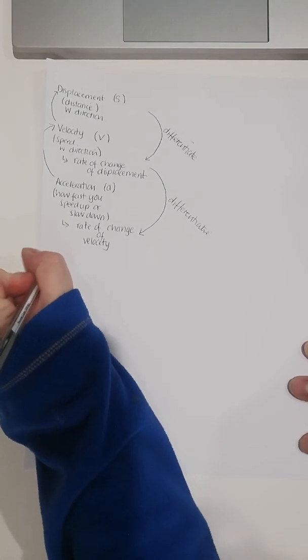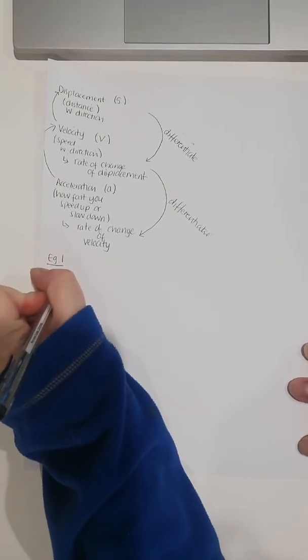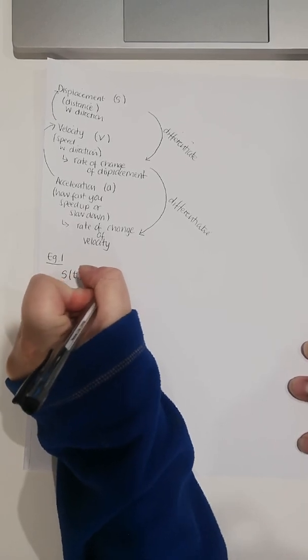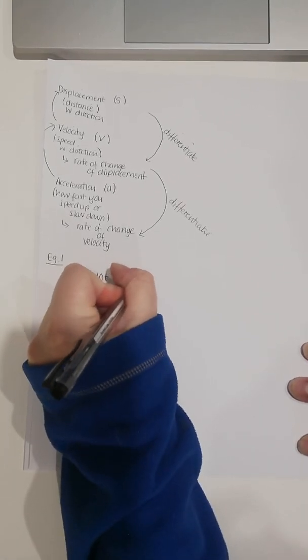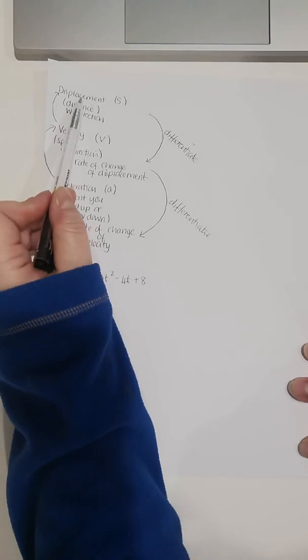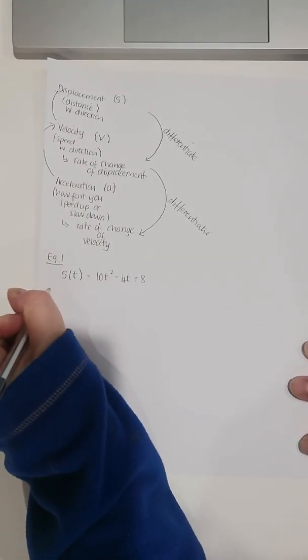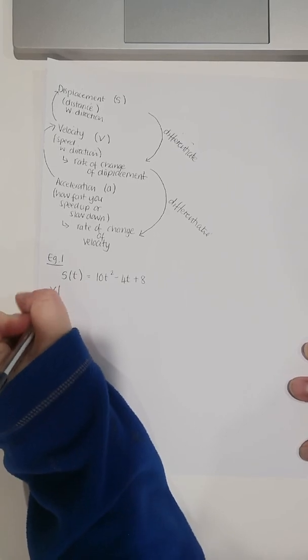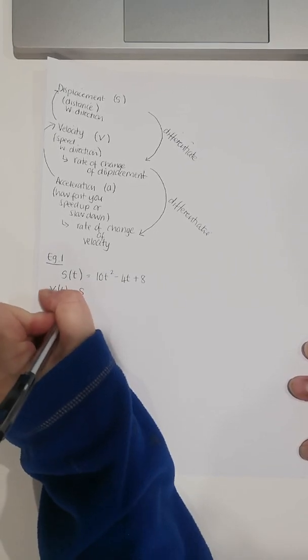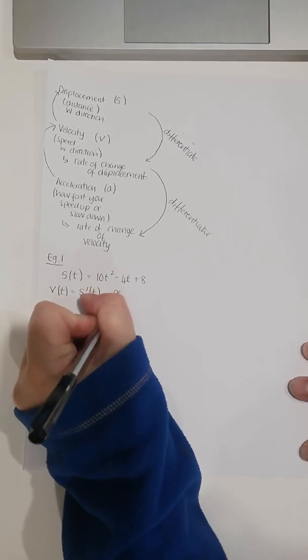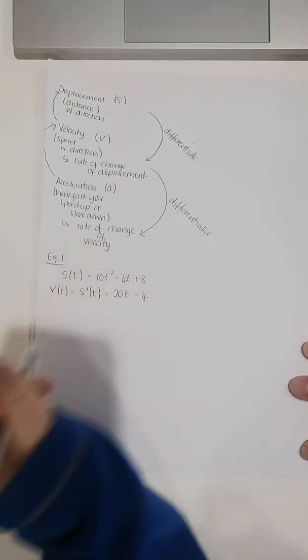So example 1, if we have s(t) = 10t squared minus 4t plus 8, remembering if we have displacement and we want velocity, we simply differentiate. So velocity, that's what we get if we differentiate s(t). And we've done this before, so 20t minus 4.